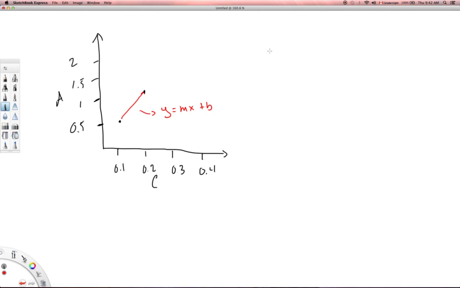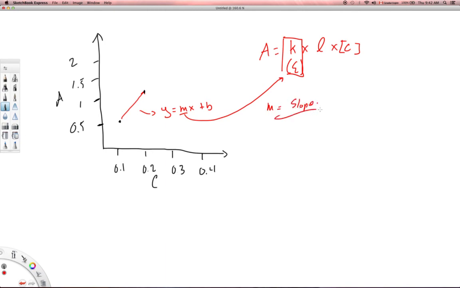And if we look at the Beer-Lambert law, A equals K times L times C molar, K might be epsilon. What does that tell me? Well, this constant is m, and m is the slope of the line.